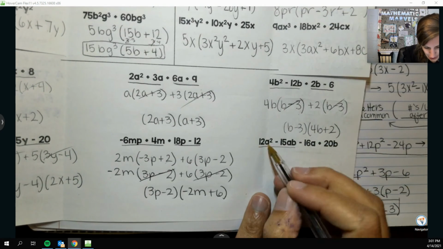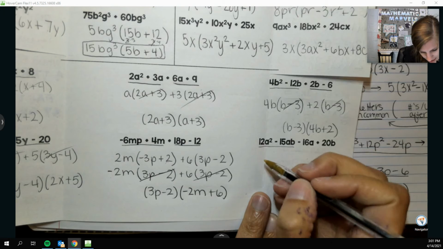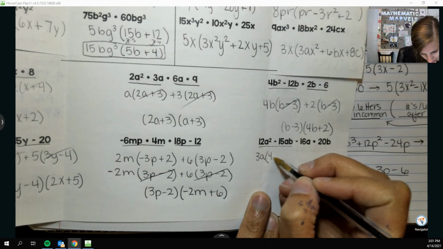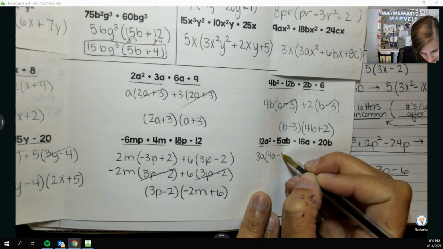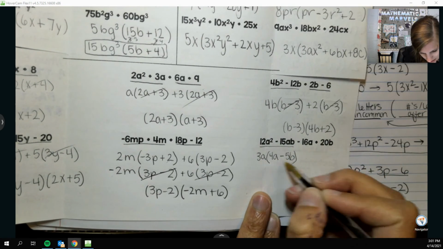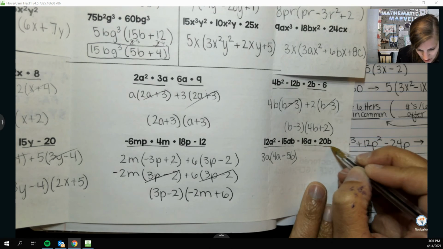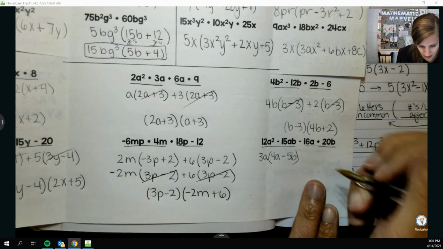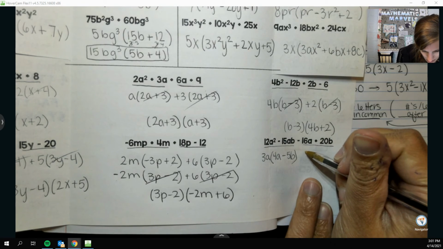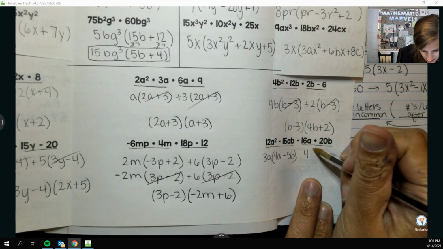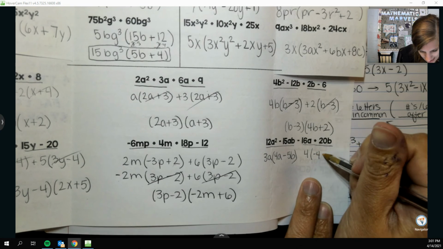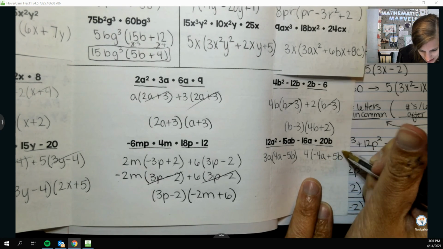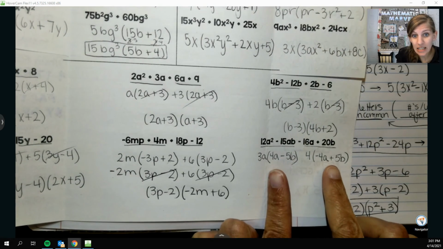Lastly, if I look at these first two, I think 3a is the most they have in common, so we'll have 4a minus 5b. And then these two, if I take a 4 out, I'm going to have negative 4a and then plus 5b, which again, they're not exactly twins.